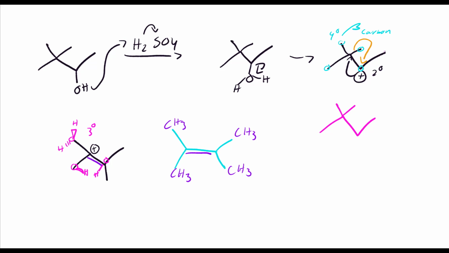The only thing that we can do is use these hydrogens over here, which would just give us a terminal alkene, and that's pretty unstable. That would be Hofmann favored, and this is an acid reaction, so we're actually going to favor the Zaitsev product. And so pretty much a methyl shift would have to occur.